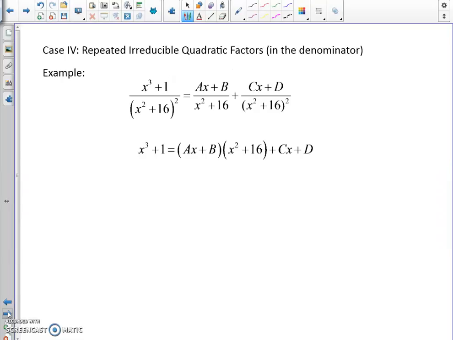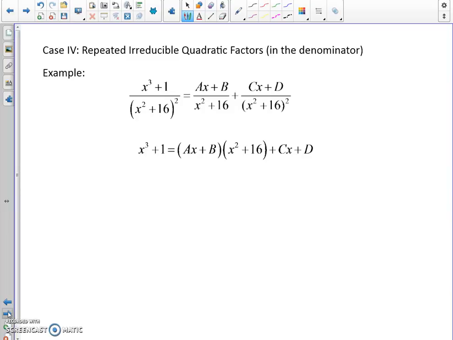Now that you've completed your group work, we should be ready to look at the fourth case, repeated irreducible quadratic factors. Similar to what we had yesterday, if we have a quadratic factor that cannot be factored, such as x squared plus 16, then one of the numerators is ax plus b.